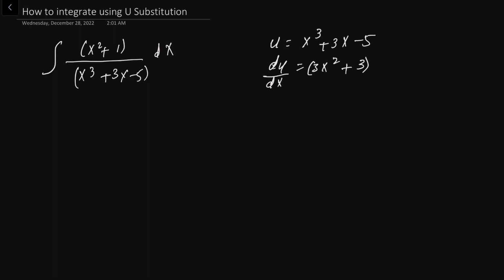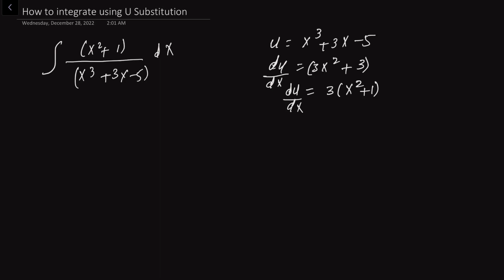All right. If we take 3 as a common factor, 3 times x squared plus 1, that's the same as du over dx.